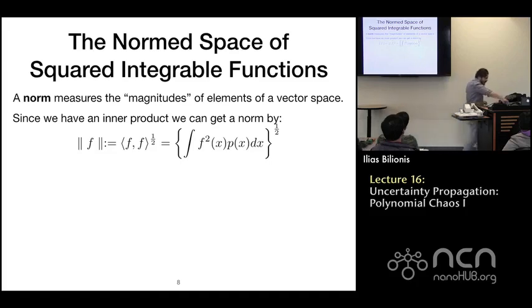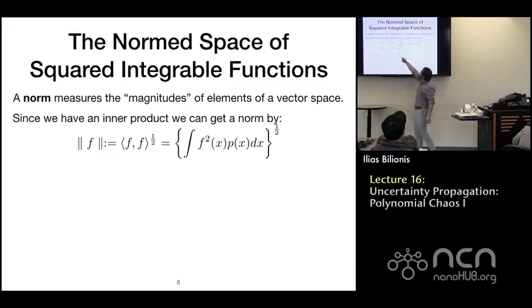So let me just write it down for you so that you can remember it. To notice the correspondence. So if you had a vector, right, in the Euclidean space, then the norm of that vector is defined to be the sum of the squares to the power 1/2. You see, it's the same thing.